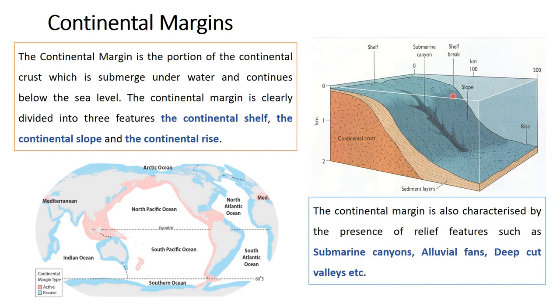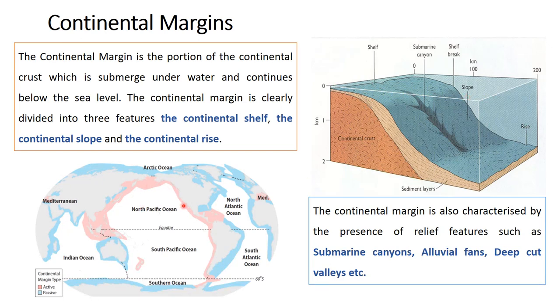So this diagram here shows the continental margin. See, it is an extension of the continent. Alright, the shoreline will be here, and then we have here the water level, the sea level. Okay, so that area which is still part of the continent but it is submerged under the sea or under the water, that is known as the continental margin.